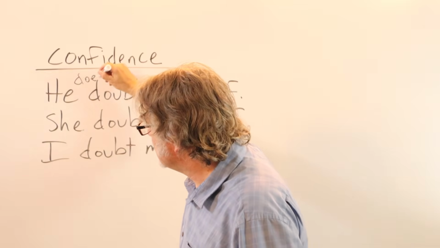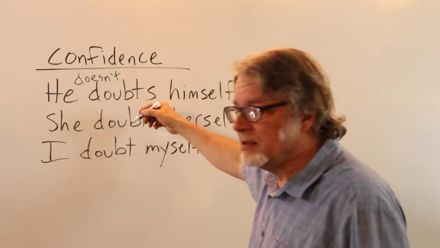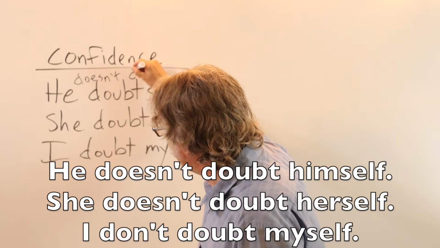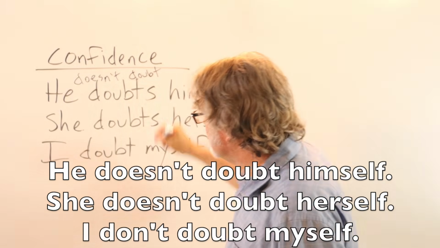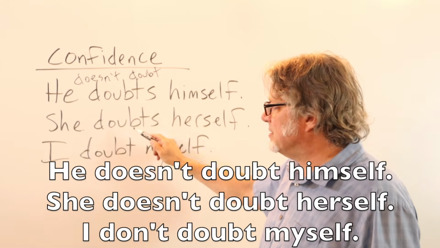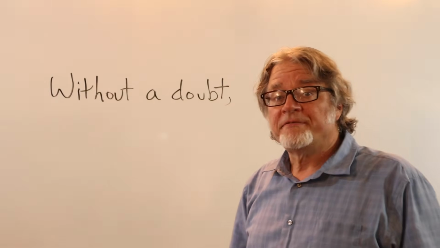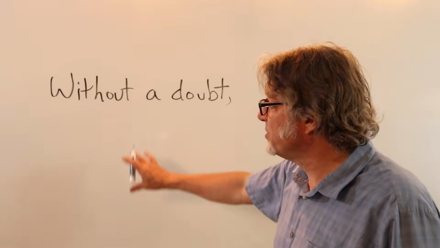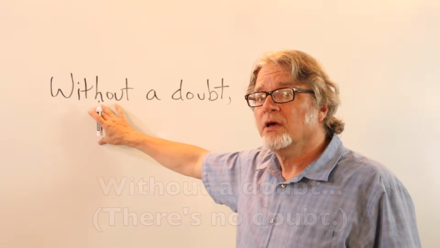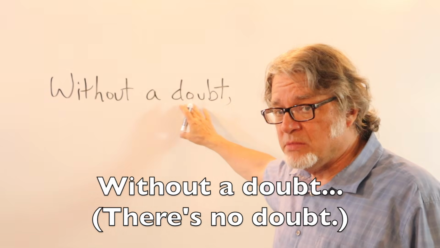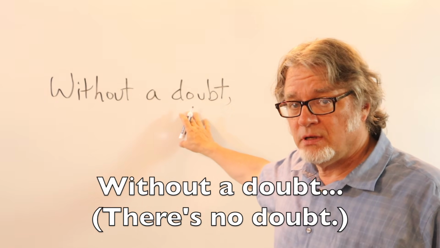He doesn't doubt himself. She doesn't doubt herself. I don't doubt myself. You'll often hear sentences begin with this prepositional phrase, without a doubt, meaning that there's no doubt.